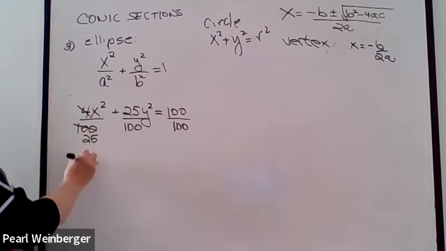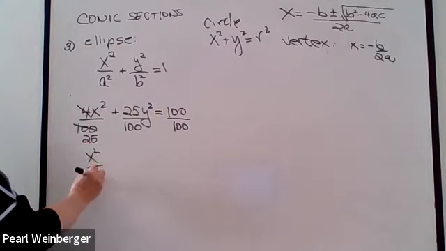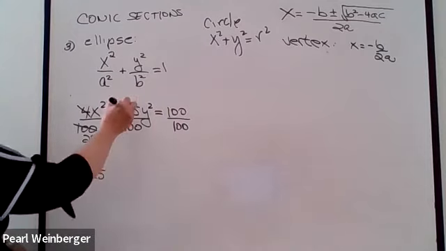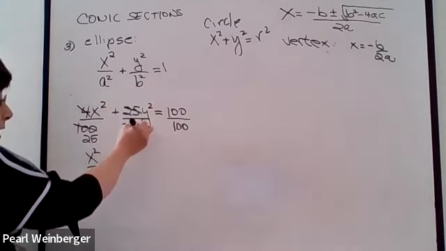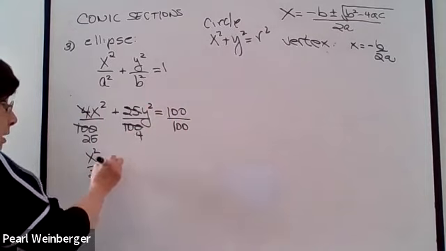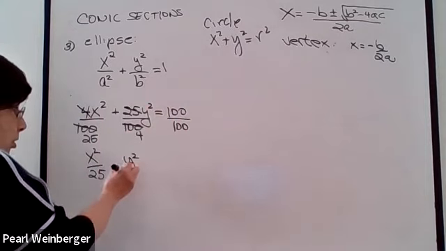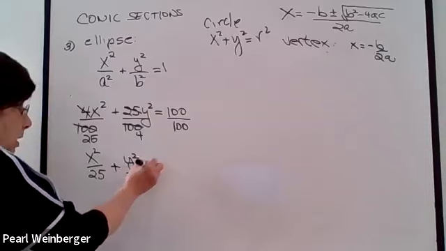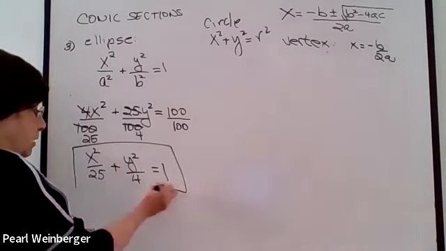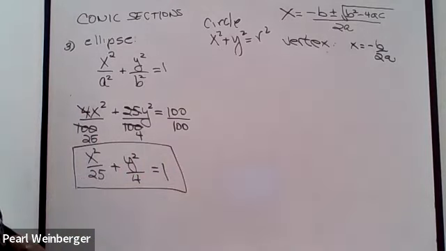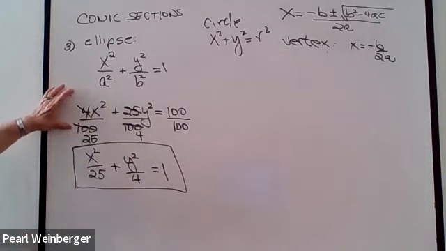So I'll get x squared over 25. And the 25 over 100 will cancel out, and that'll give me y squared over 4. And that equals 1. And now I have the equation in standard format. Even if it's not given to me in standard format, I've got to transform it to standard format.